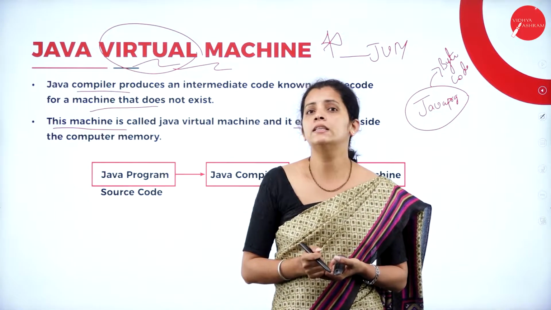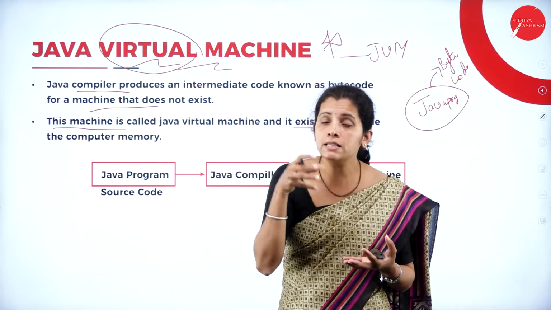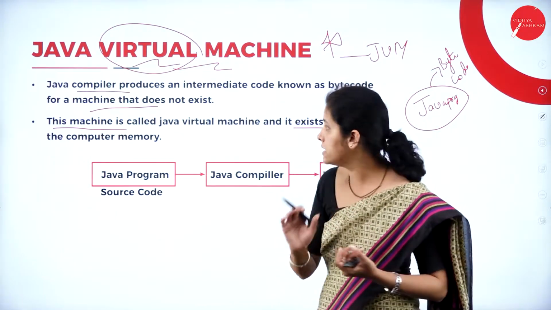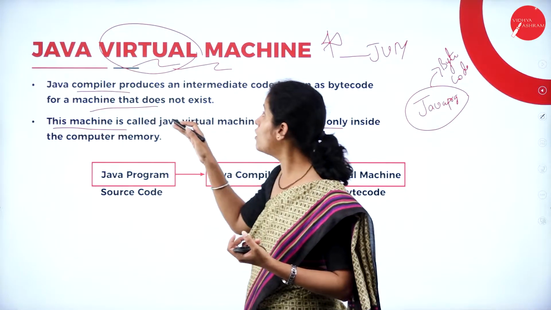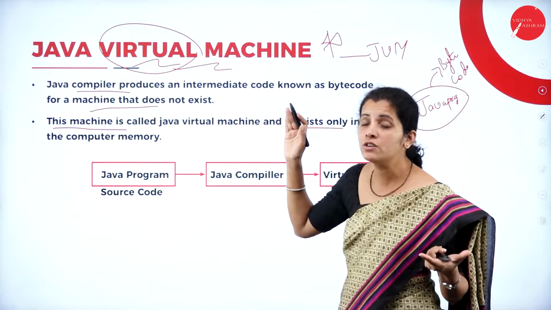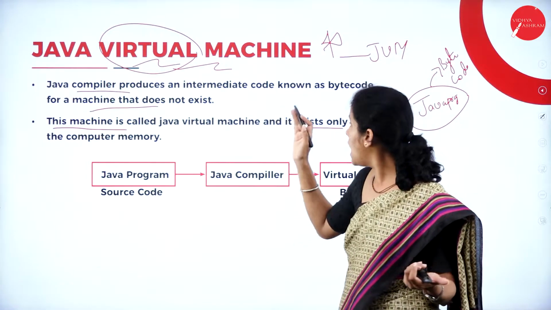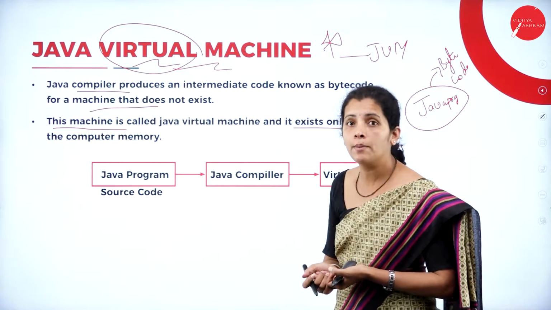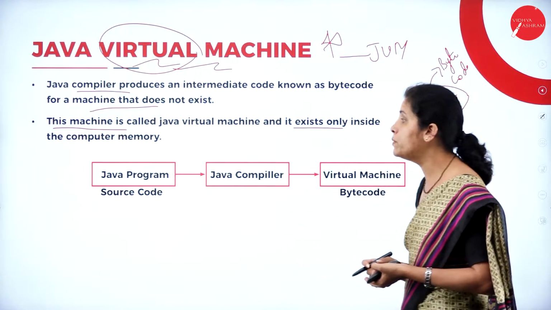That is nothing but the simulation of execution, and it is present in the computer memory but not physically present. I repeat, it is a machine called the Java virtual machine. It's nothing but the simulation of the execution of a Java program, and it exists only inside the computer memory.